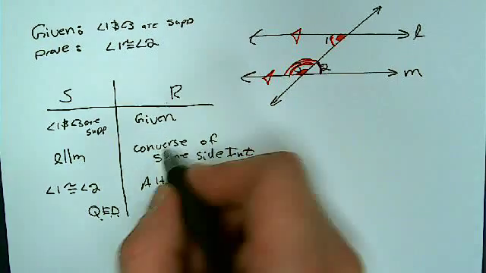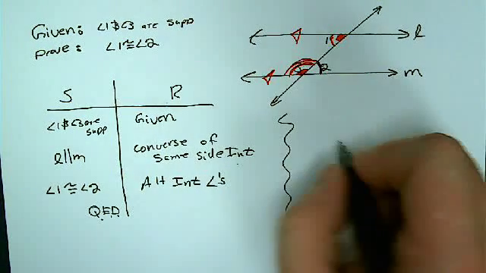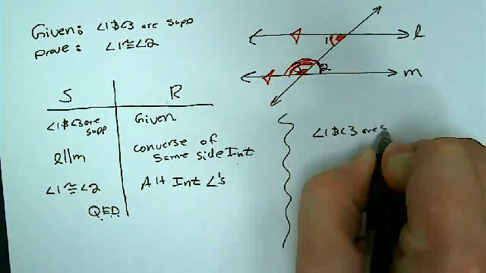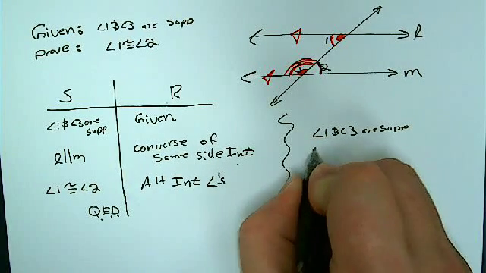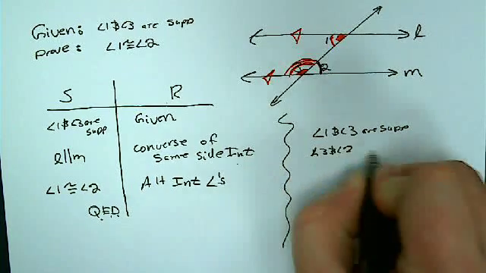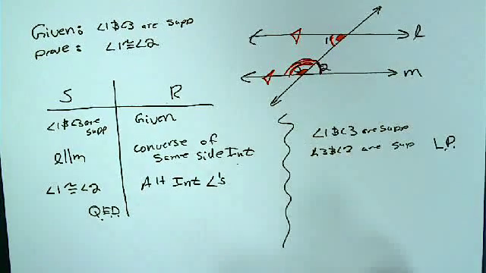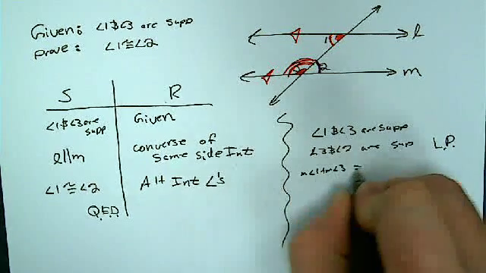Now that's one way of doing it. You could quite easily, I'm going to make this a little less formal over here, say angle 1 and angle 3 are supplementary, because that's the given, and therefore angle 3 and angle 2 are supplementary. That was the linear pair theorem. And then measure of angle 1 plus measure of angle 3 equals 180.